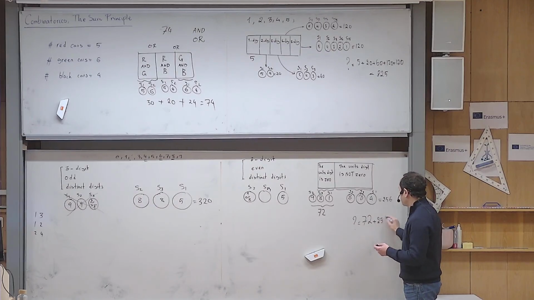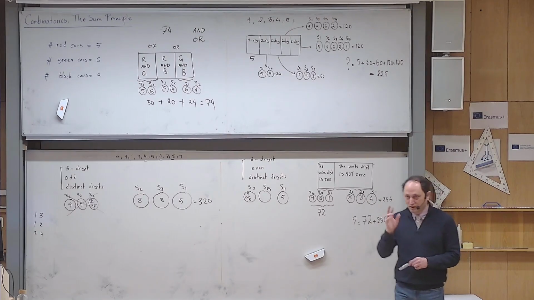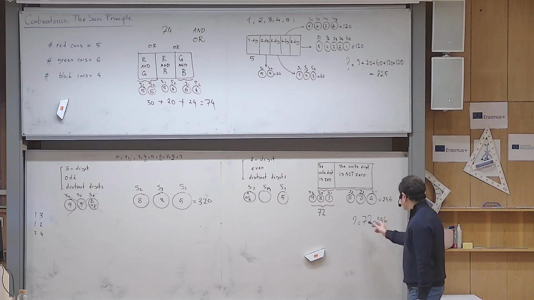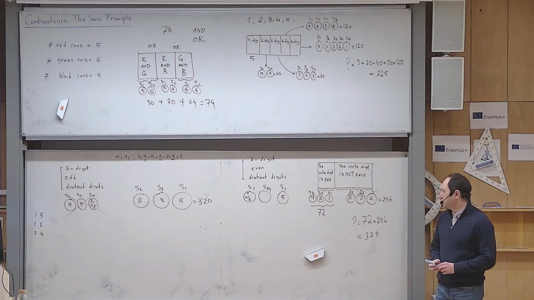Sometimes if the problem is complicated, even I fall into the trap of overcounting if I don't care. So if I add them, it becomes 72 plus 256, so there are 328.